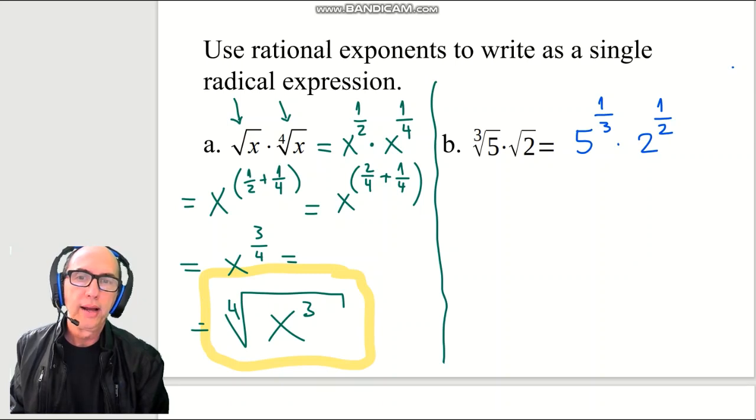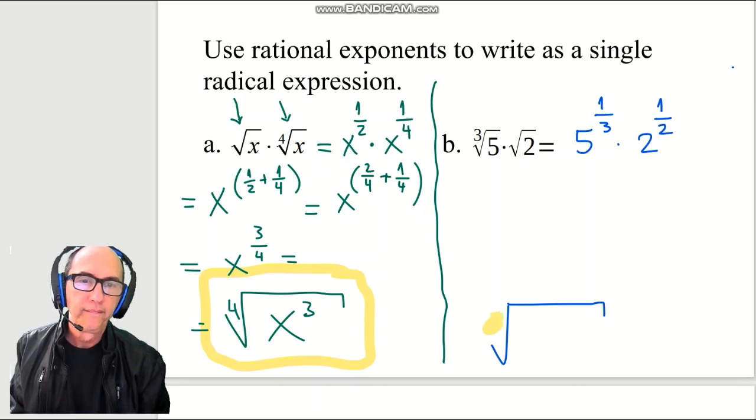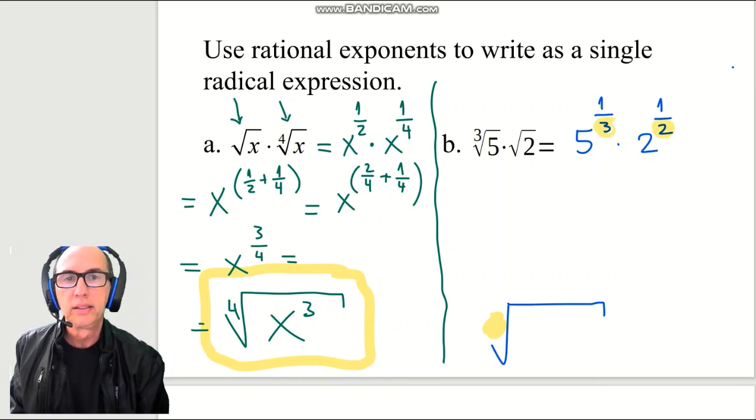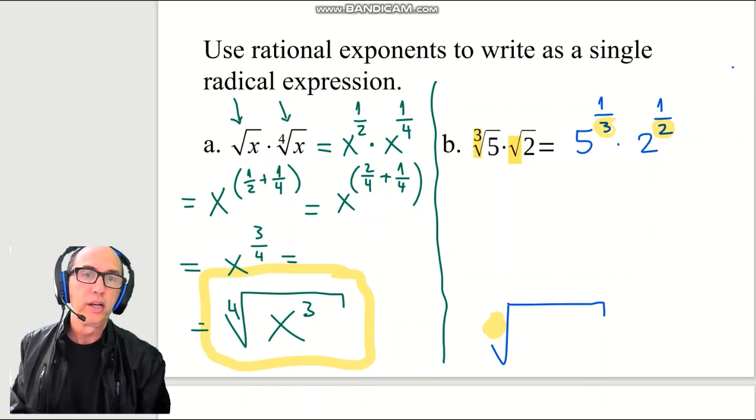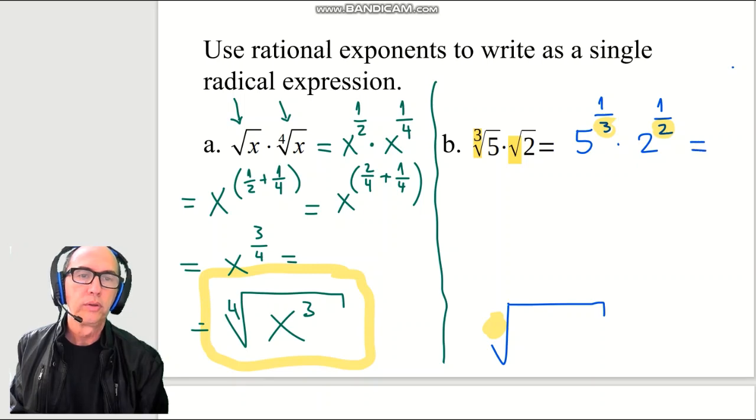Actually, to have both under the same radical, we need to have the same index, right? The index needs to be the same. And right now the indexes are different. That means the denominators are different. What's the least common denominator?